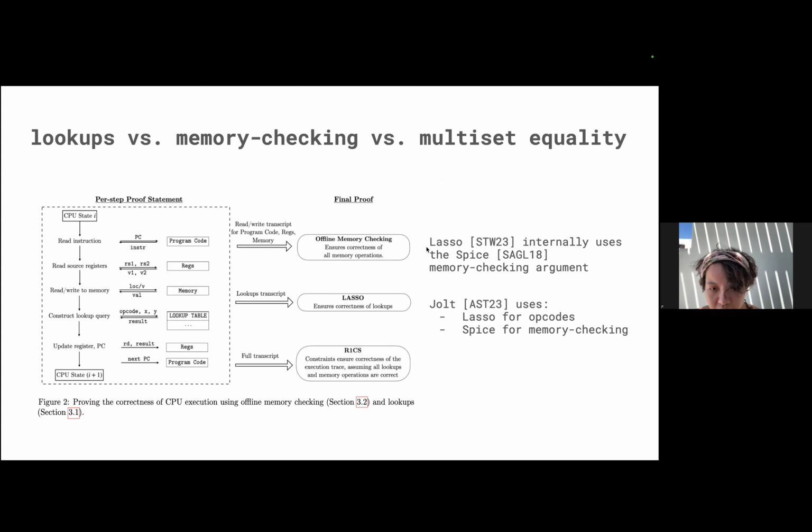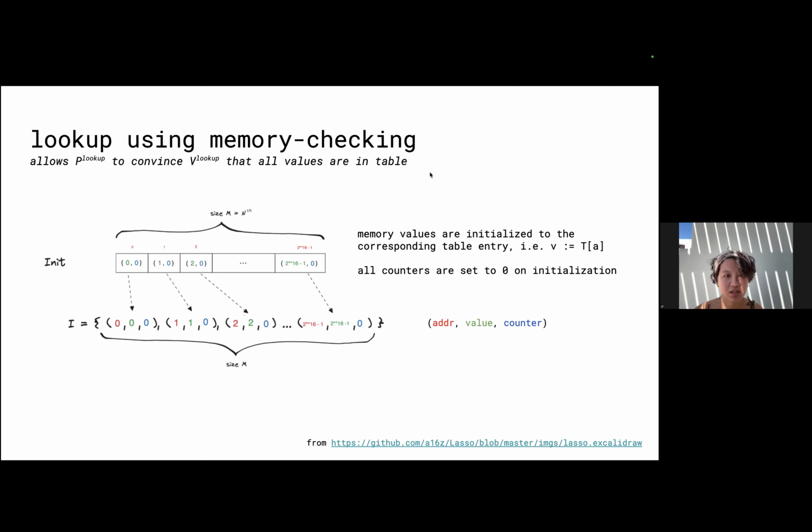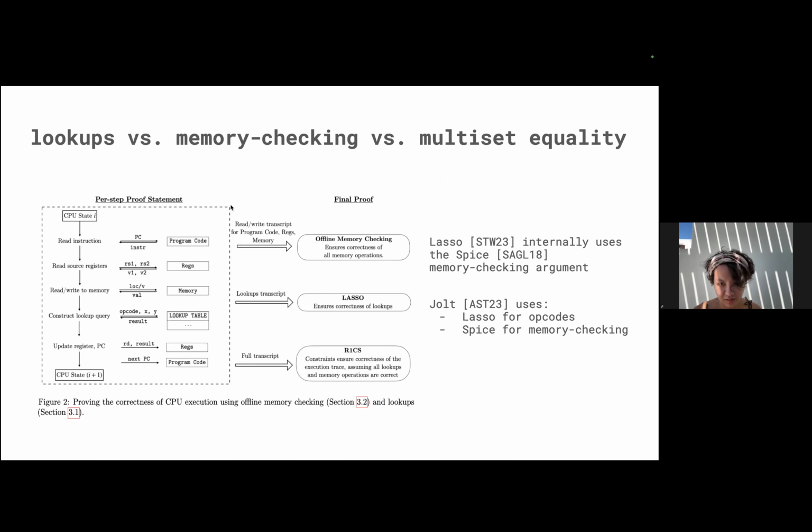So Lasso is a lookup argument that internally uses a memory checking argument, which is this example that I have next. And then Jolt uses the Lasso lookup for its VM instructions, and it uses the Spice memory checking argument directly for memory checking.